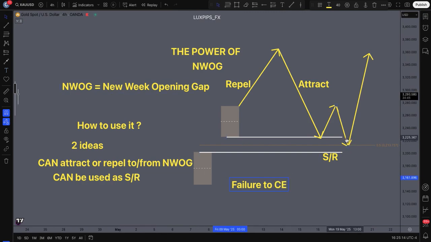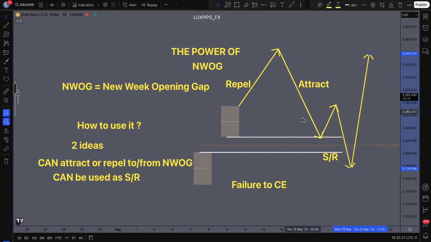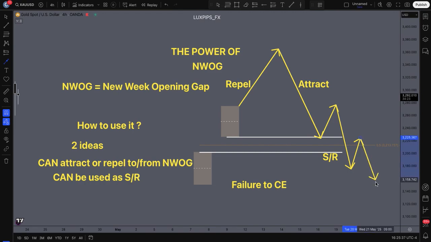Basically, we don't want to see price crash to the Enwalk like this if we are in a buy scenario, because this could mean price invalidated the Enwalk, and then it retests it, support and resistance, and then continues. So the CE level is very, very important.